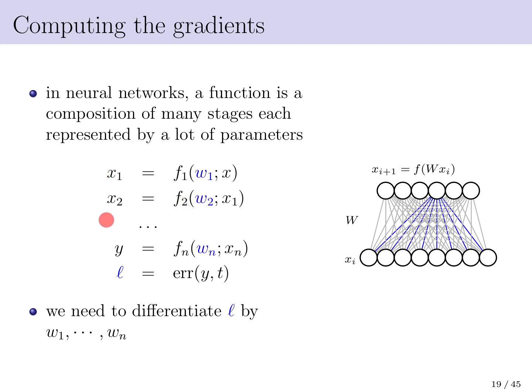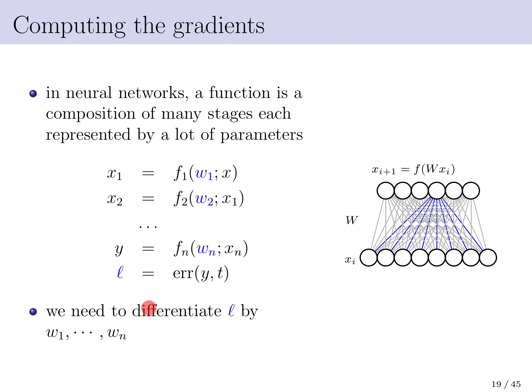You repeat this until you get the output of the entire neural network, or the model. And then you compute the error between whatever is output by the model and the true output, to get the loss.